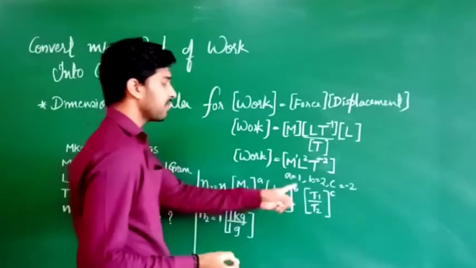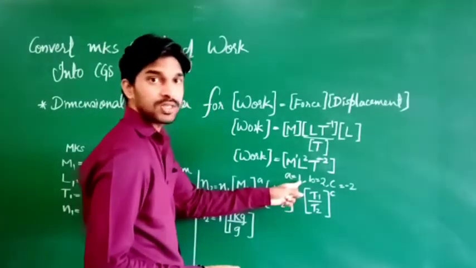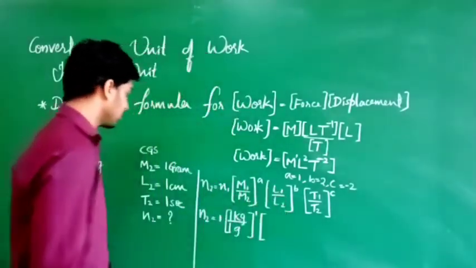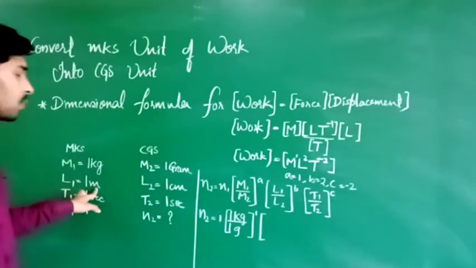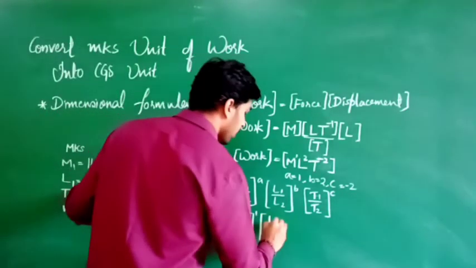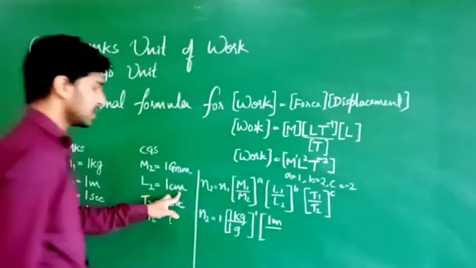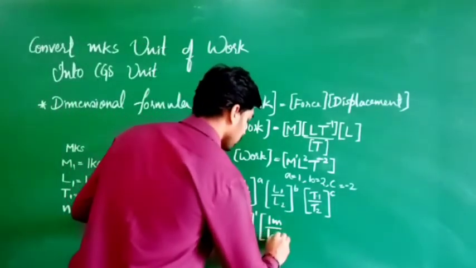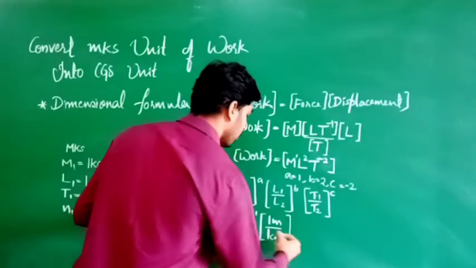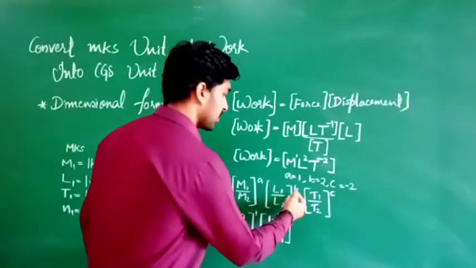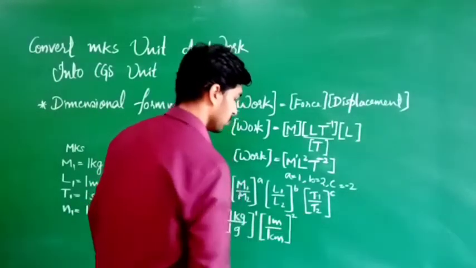This value, how much is it? 1. Very good. Next, L1 by L2. L1 value is 1 meter, correct? So 1 meter whole divided by L2 value 1 centimeter, whole power b. What is b? 2. Okay, that's why whole power b means whole power 2.